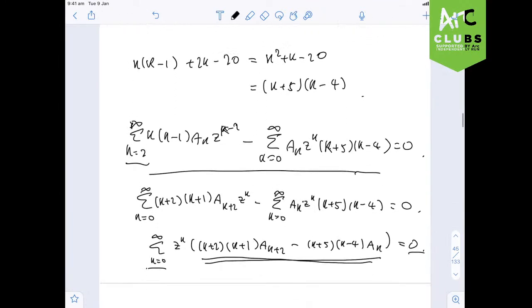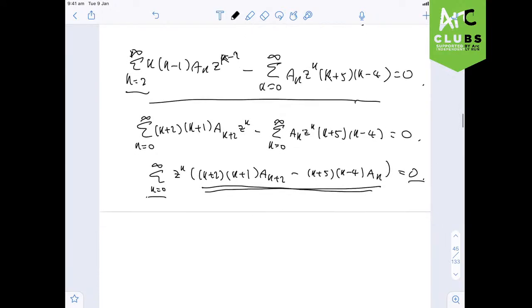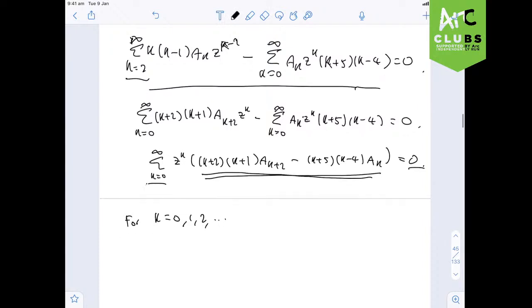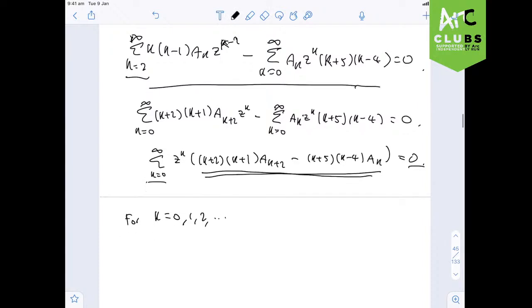Yeah, all of them have to be 0. Every single one has to disappear. So exactly, for k equals 0, 1, 2, and so on, we must have k plus 2 times k plus 1, a_(k+2), equals k plus 5, k minus 4, a_k.